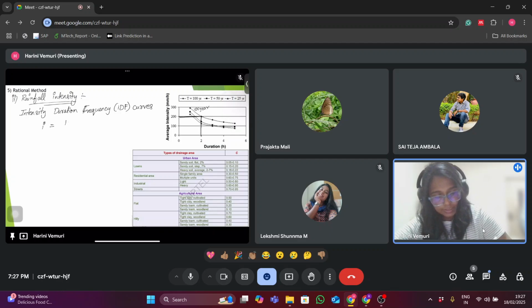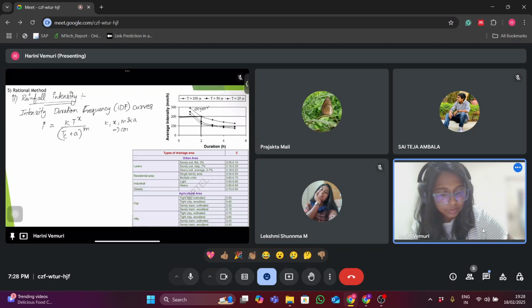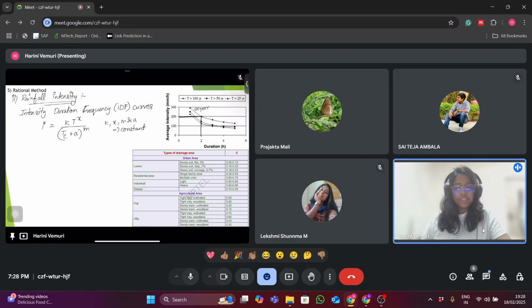Generally these curves follow an equation called I equals K into T power M by (Tc plus A) whole power M, where K, M and A are constants. T and Tc are the return period and the duration of the storm.